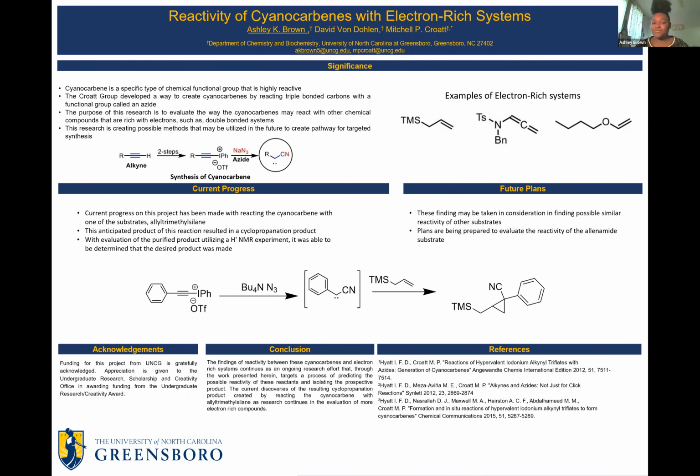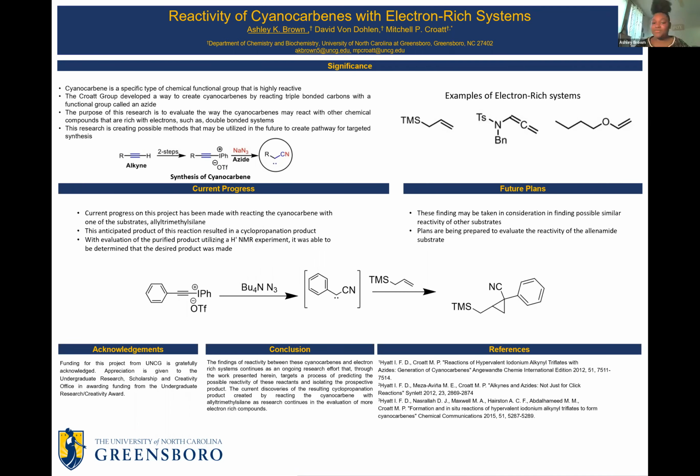And now I make plans to prepare to evaluate the reactivity of the enamide substrate that is depicted above, in the examples of the electron-rich systems that I listed.